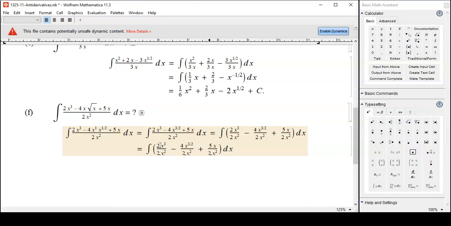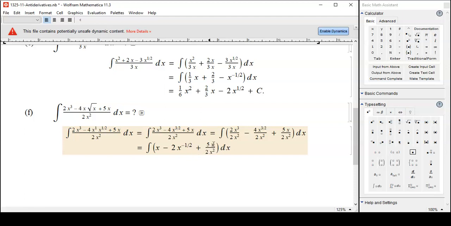Let's see. 2 cancels out, x to the 3rd power over the 2nd power, we have just x. And the number part here, 4 divided by 2, so we have just 2. And x to the what power? 3/2 power, 1.5 power, 2nd power down here, so I have negative 1/2 power total.